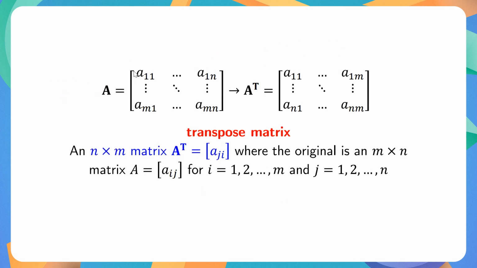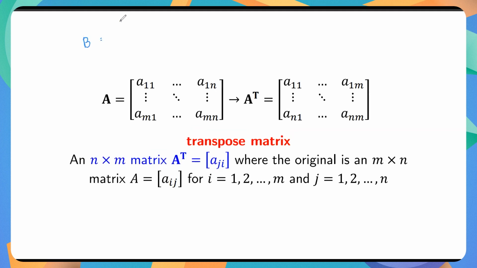Next is the transpose matrix, which is an n by m matrix A raised to t, where the original matrix is an m by n matrix, for i equals 1 to m and j equals 1 to n. What you're basically doing in a transpose matrix is flipping the positions of the elements in the matrix. For example, we have some matrix over here.